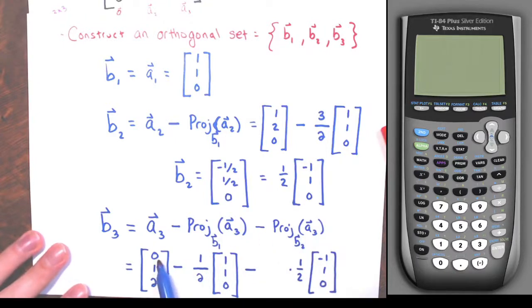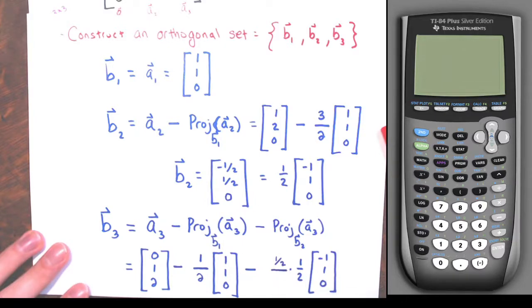So what's the dot product of 0, 1, 2 with this half of negative 1, 1, 0? Well, that would just be half of the dot product of 0, 1, 2 and negative 1, 1, 0. So 0 plus 1 plus 0, so it's 1, but then times a half. Oh, actually, that's going to make a fourth.